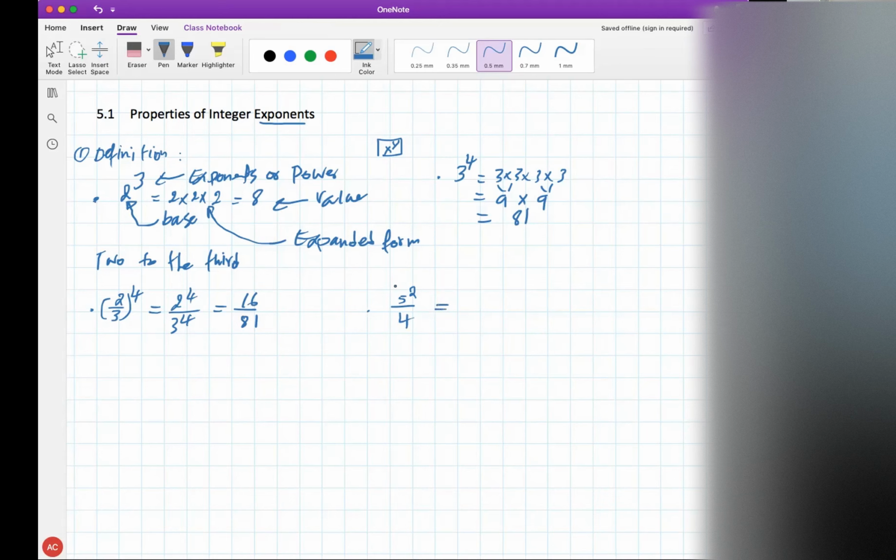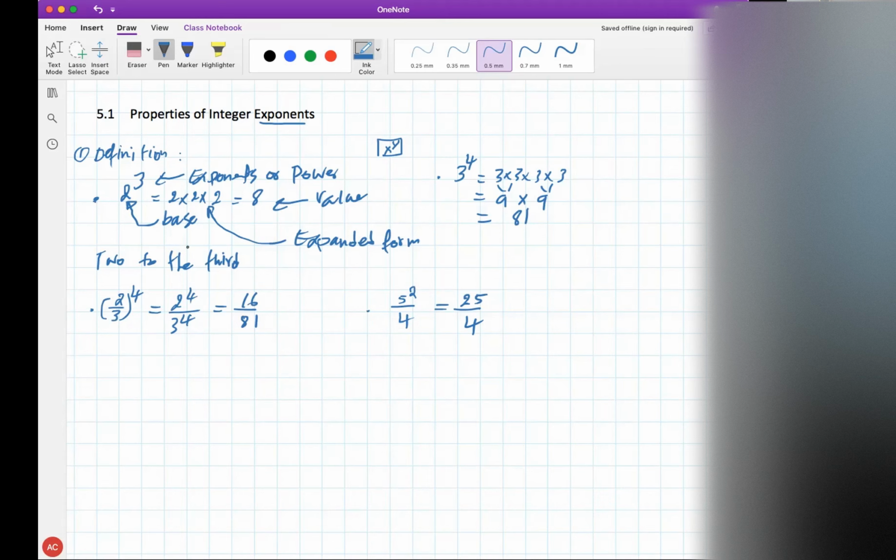So this would be 5 to the 2nd, which is 25, over 4. So the 4 does not get the power, because we don't have parentheses like that. So power 2 only belongs to this. But here, the 4 belongs to the entire fraction because of the parentheses. Or it could be just here. So it all depends.